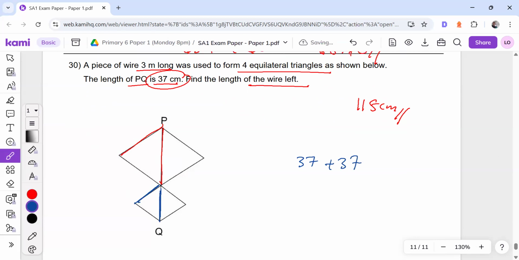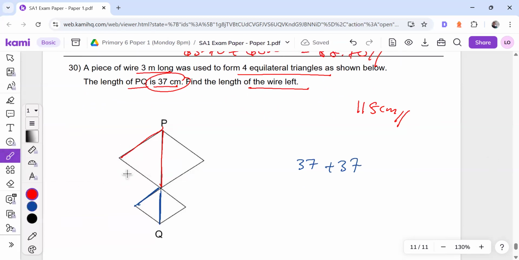Next one. Red color, blue color, another 37. Next one. Red color, blue color, another 37. Next one. Red color, blue color, 37.